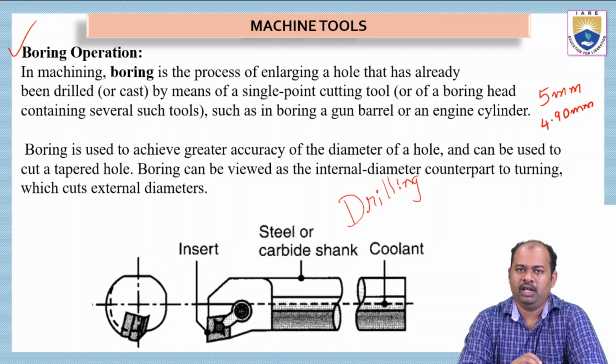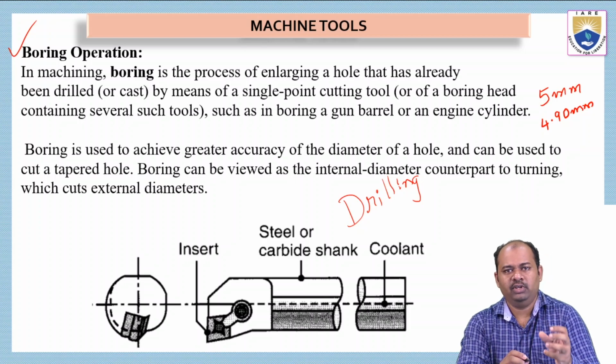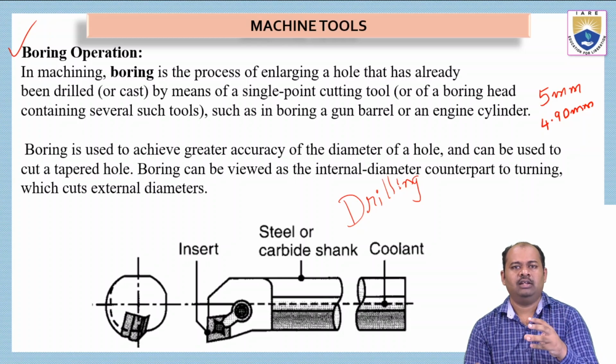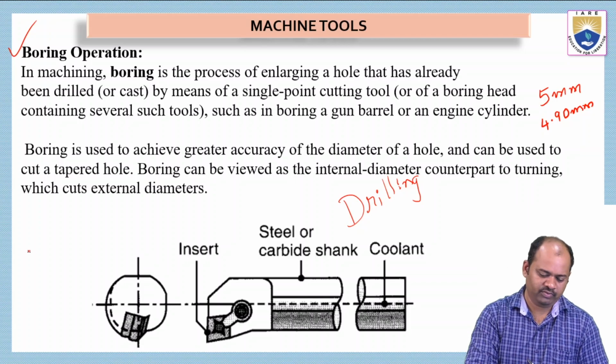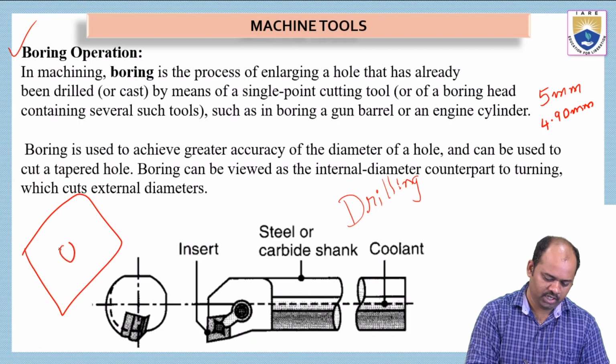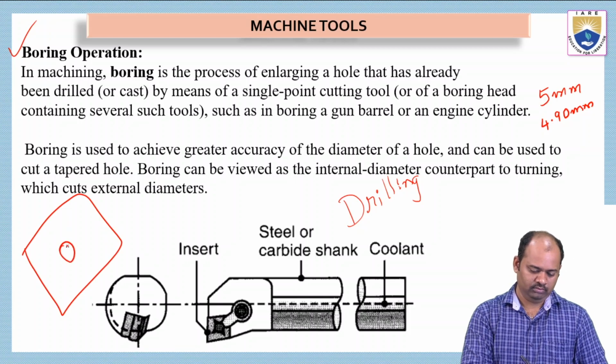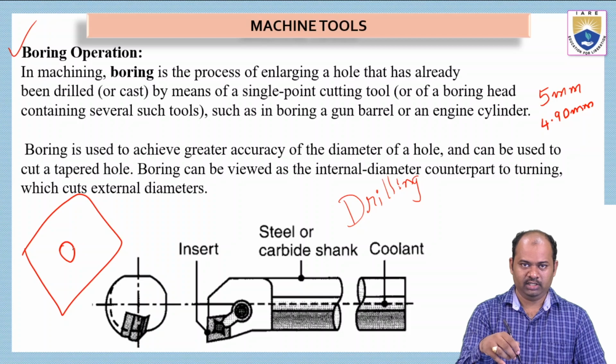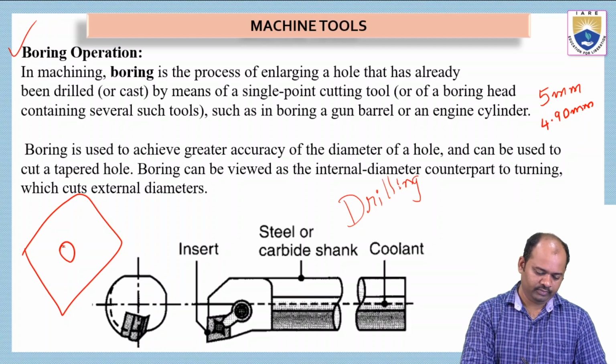Because when we are making holes through a workpiece using a drilling bit, the holes made are very rough, because we are removing the material from the workpiece itself. Suppose this is a workpiece and I want to make a hole at the center. When I touch the drilling bit on the surface, what happens?